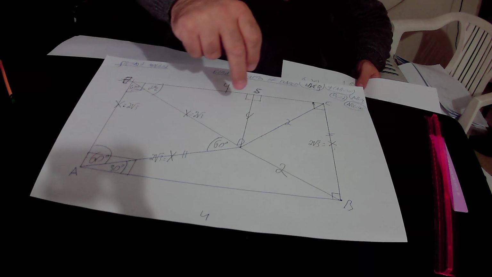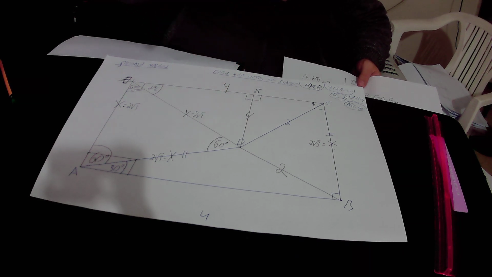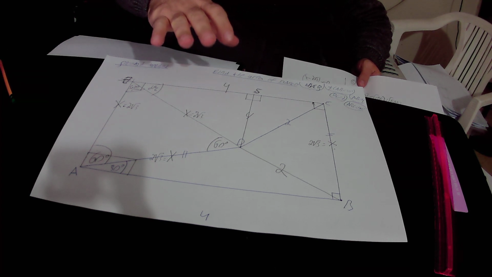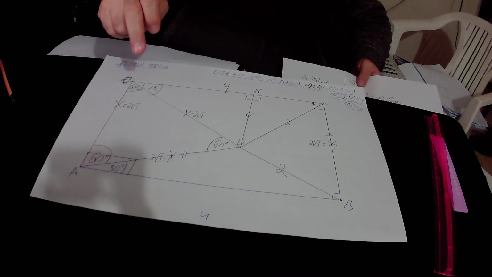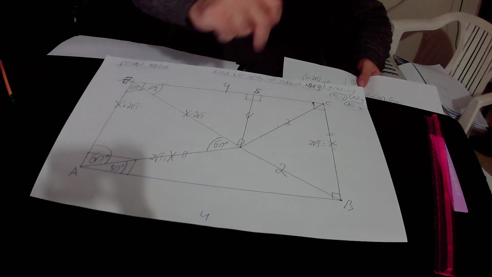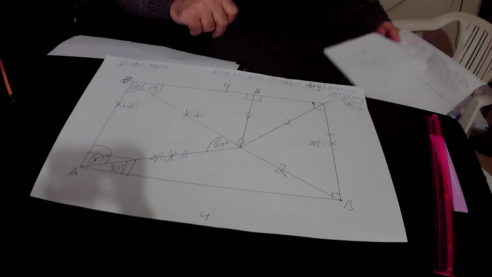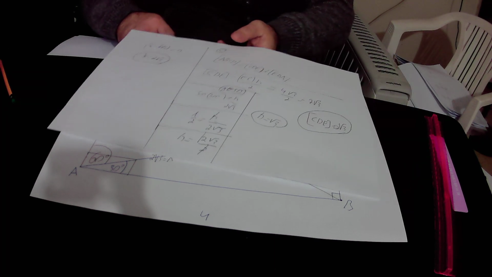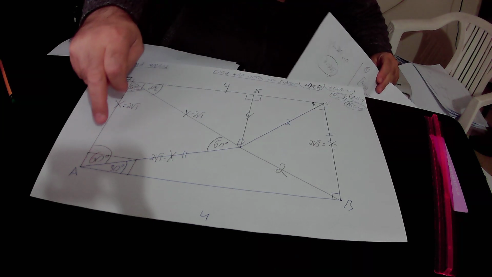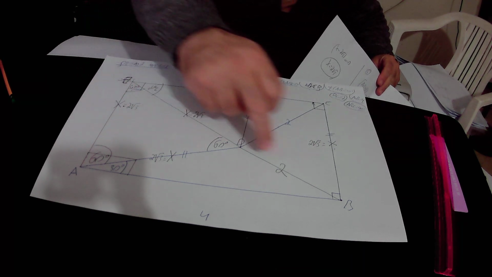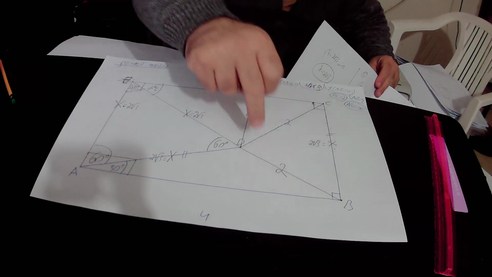So now we can find easily the area of quadrilateral ABCD. The area of quadrilateral ABCD equals the area of triangle ADB plus the area of triangle BDC.